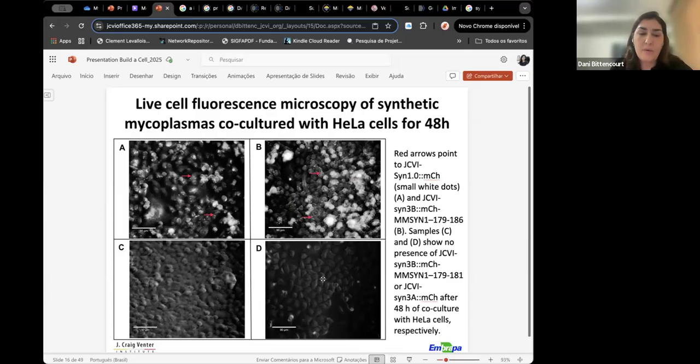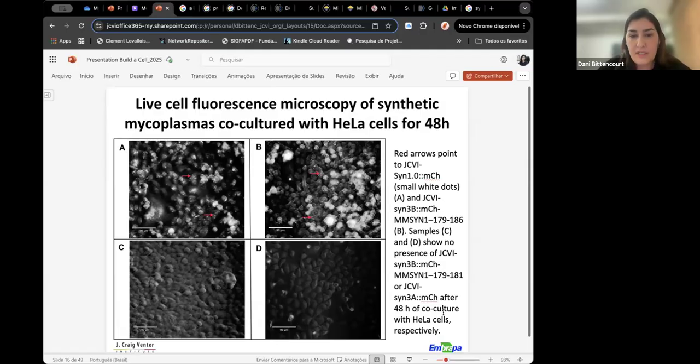So after 48 hours, both of them were not attached to HeLa cells anymore. We couldn't find any of them attached, differently from the syn3B with the gene cluster as well as syn1. So what we find here is that those genes were not exactly capable of bringing back the capacity to syn3B to contaminate mammalian cells or eukaryotic cells.